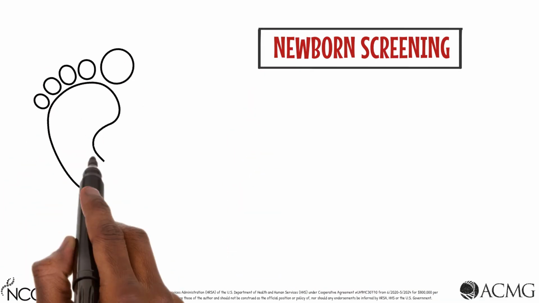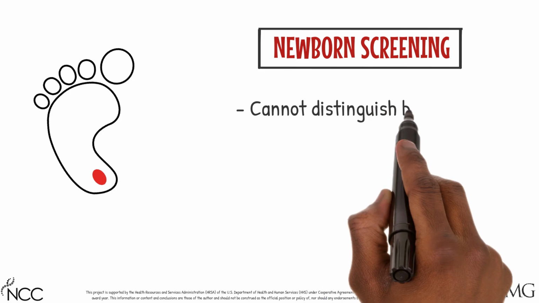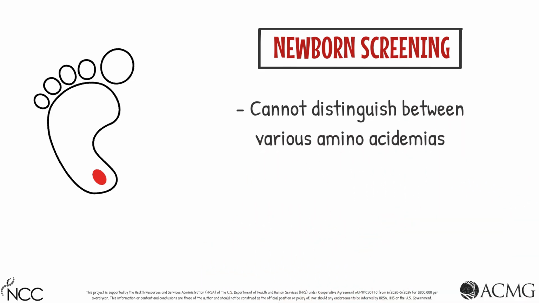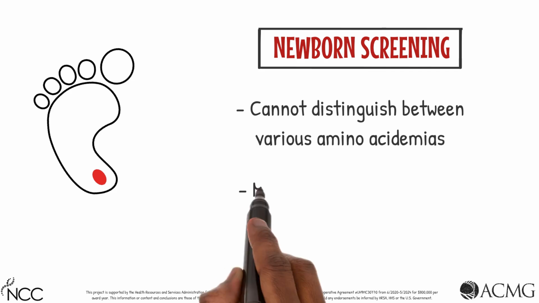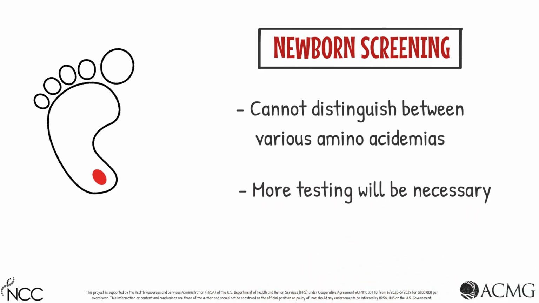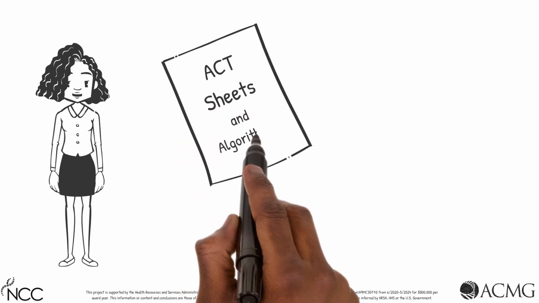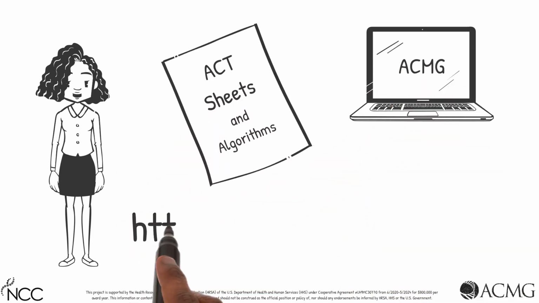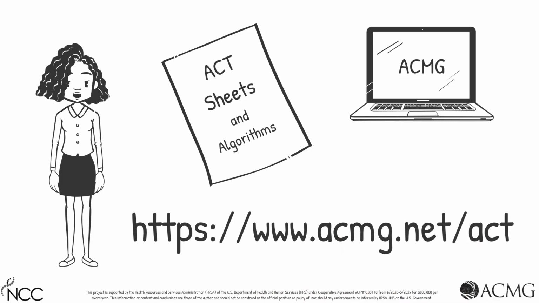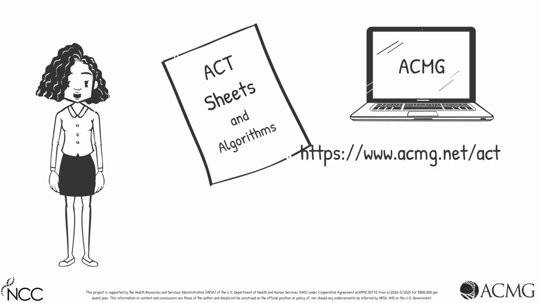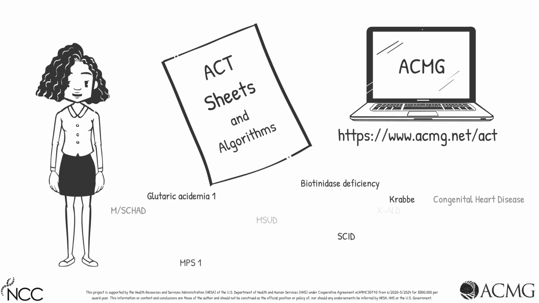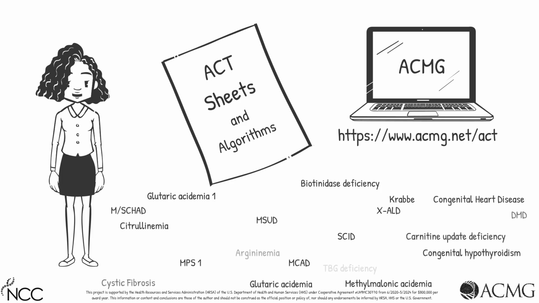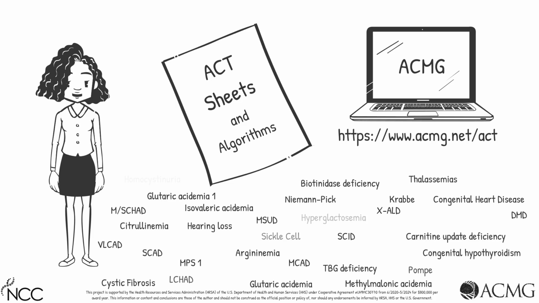Second, newborn screening cannot distinguish between the various amino acidemias that may cause a citrulline elevation, and more testing will be necessary. Third, ACT sheets are freely available on the ACMG website to review in the event of a screen-positive result. In addition to these amino acidemias, ACT sheets are available for many other conditions that can be identified through newborn screening.